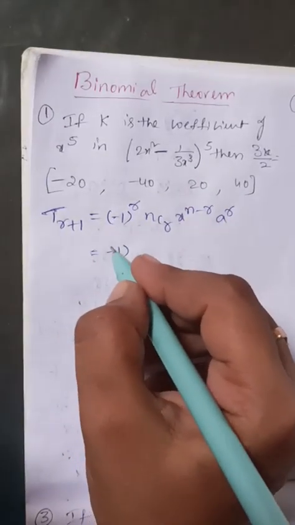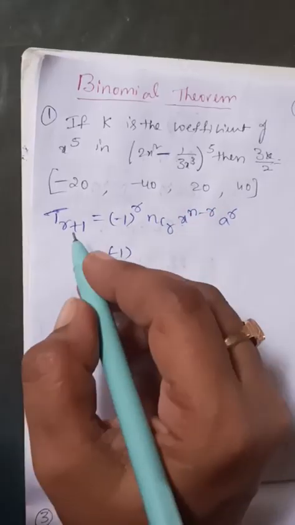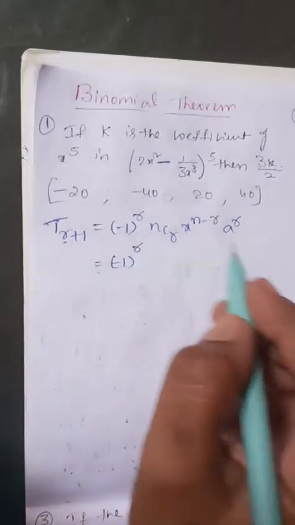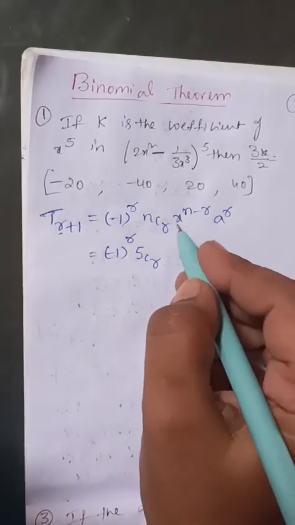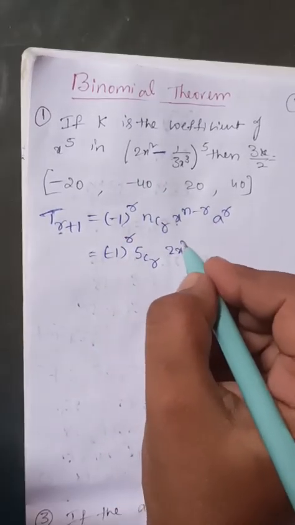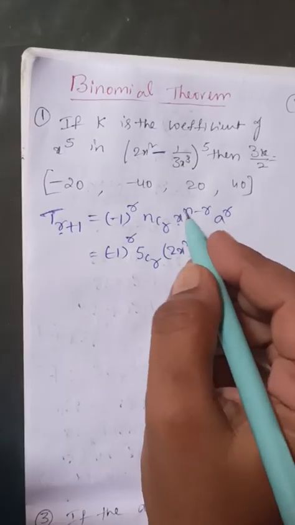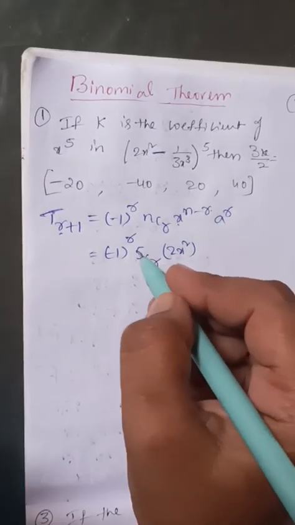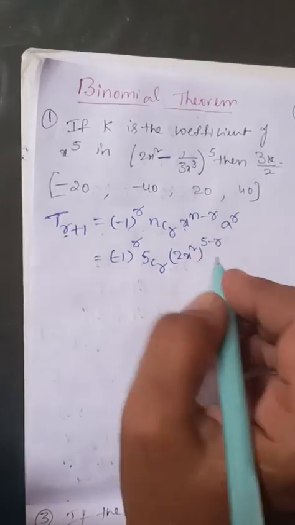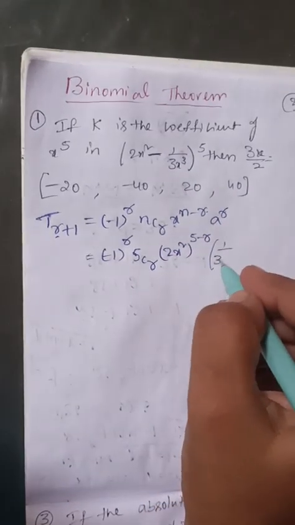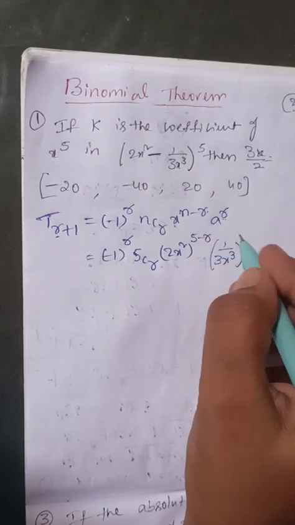So (−1)^r, we don't know r, n is 5, so 5Cr, x is the first term, (2x²)^(n−r), so nothing but 5 minus r, and a^r, a is the second term, so (1/(3x³))^r.